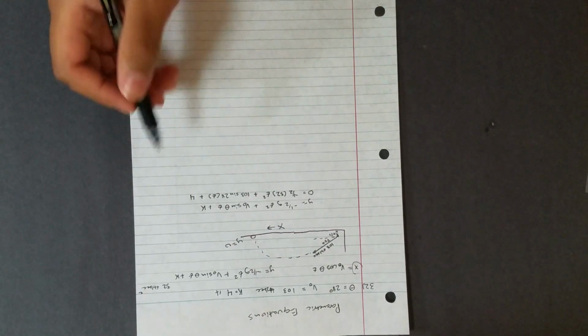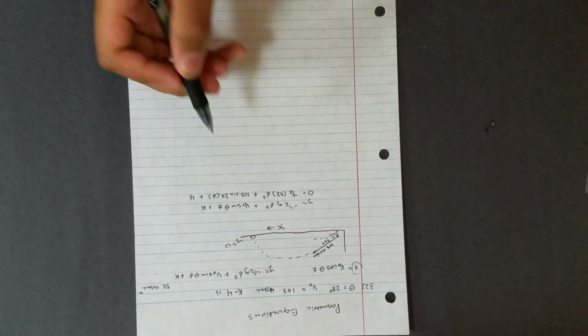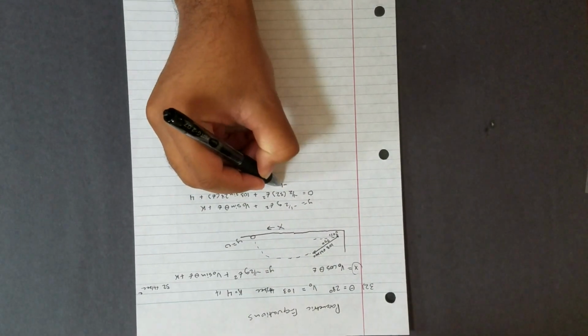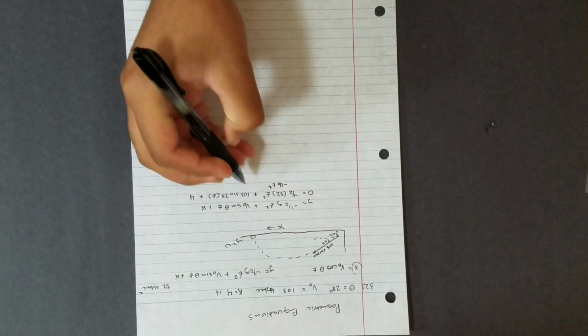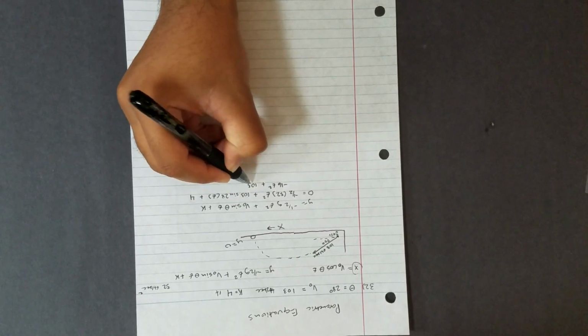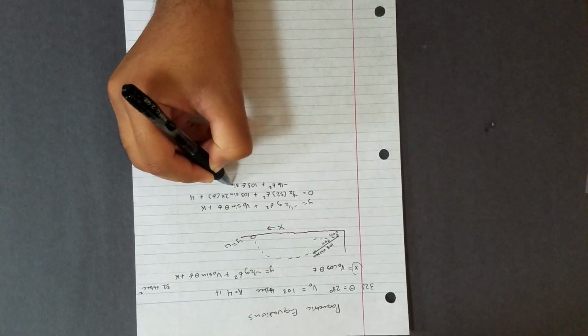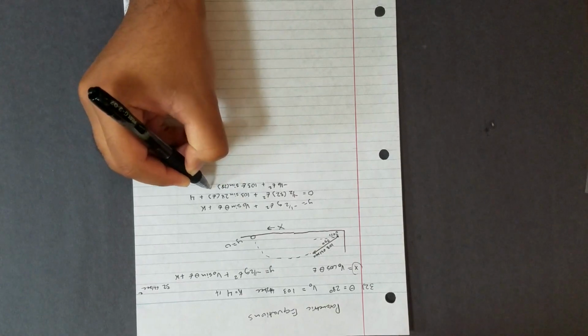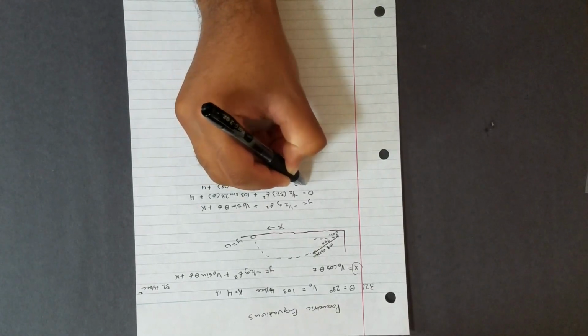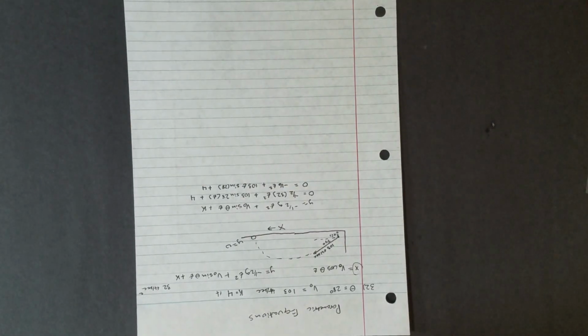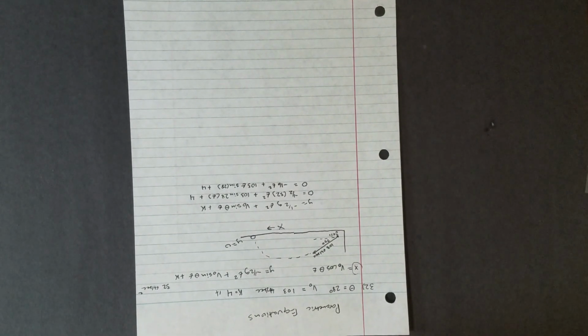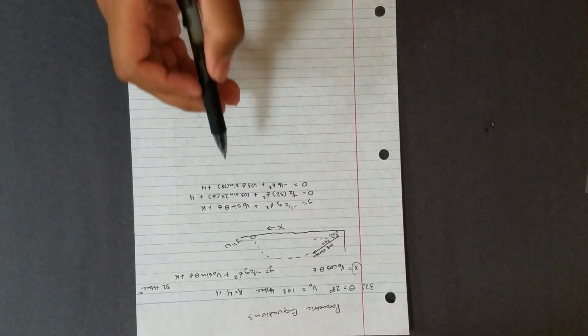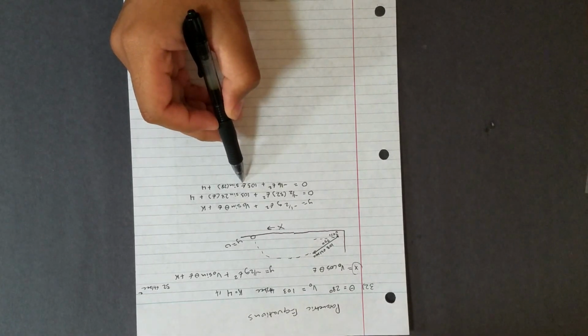So, using this information, we determined that negative 16 t squared plus 103 t sine of 28 plus 4 is all equal to 0. So, at this point, you just solve for time.